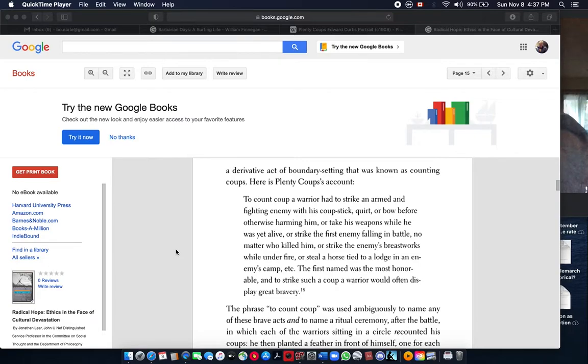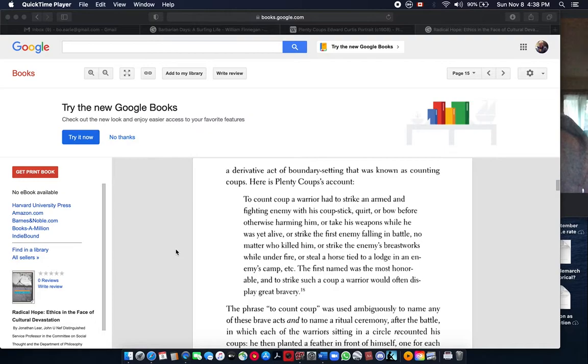And this is correlated with the buffalo, because as nomads the Crow followed the buffalo, but the buffalo were not the exclusive source of meaning and value.